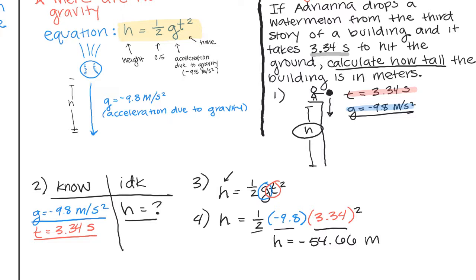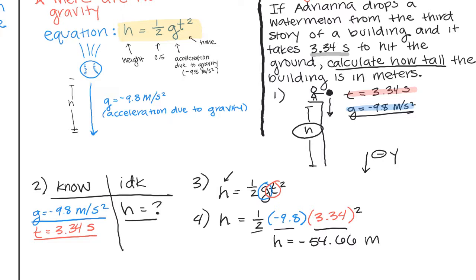But remember, when we are talking about height and position and displacement in physics, that negative sign indicates that the watermelon is falling in the negative y direction. So that is correct, but that tells us how far and where that watermelon fell. That's the height. So what we want to know, we don't care about the direction if we just want to know how tall the building is in meters.